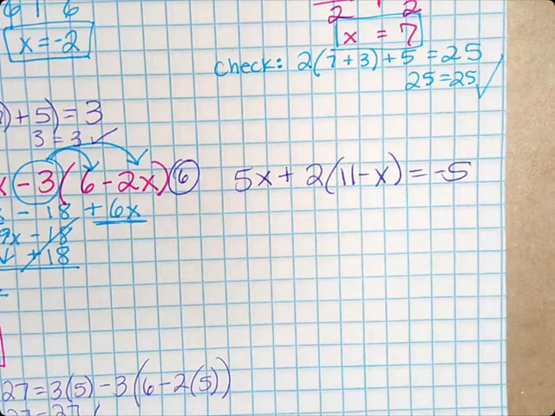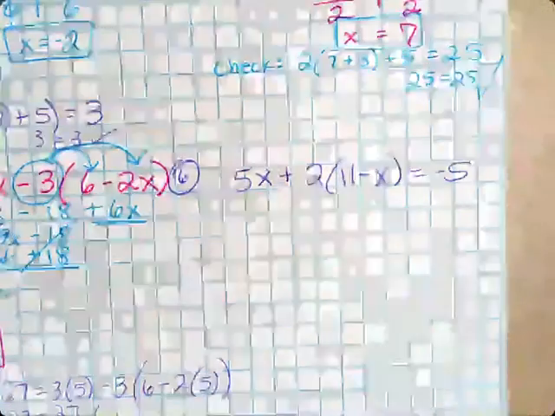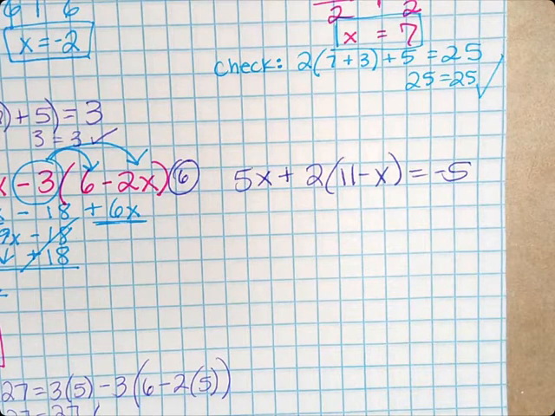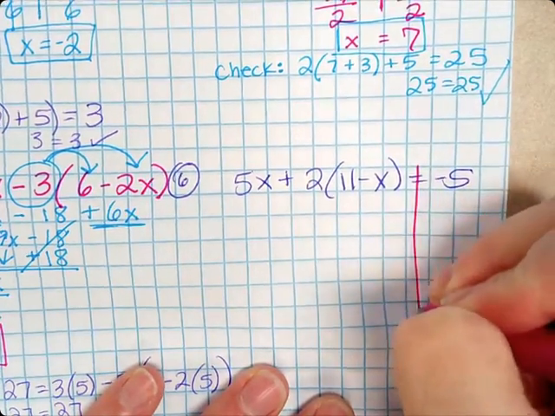All right, write the next problem down: 5x plus 2 parentheses, 11 minus x, close the parentheses, equals negative 5. Draw your line down the equal sign.